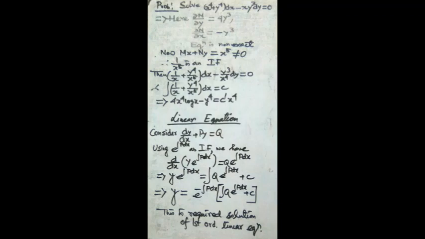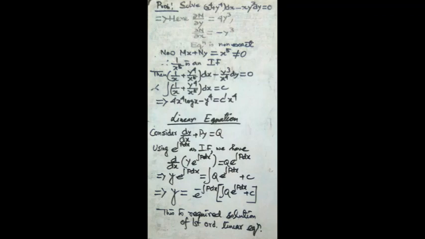Clearly, we can check that Mx plus Ny is simply x to the power 5, which is a non-zero term. So the reciprocal of this term, that is 1 by x to the power 5, will be an integrating factor. Multiplying the whole equation by this integrating factor, we have (1 by x plus y⁴ by x⁵) dx minus (y cube by x to the power 4) dy equals 0.